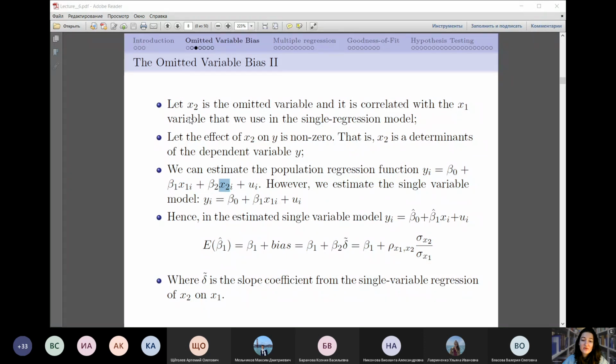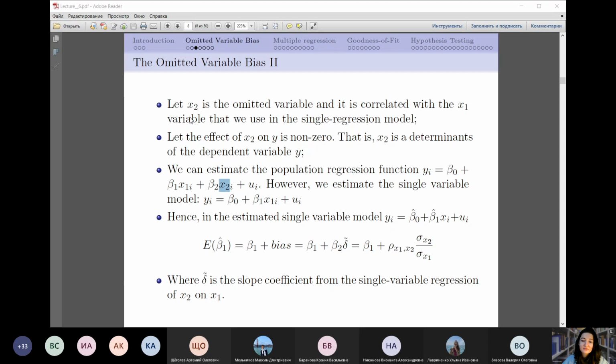What will be the other situation in which your beta1 will still be unbiased if you didn't include the x2 variable in your model? The first case, when x2 doesn't appear in the true model. And the second case?